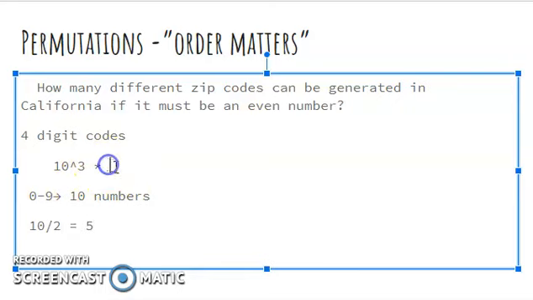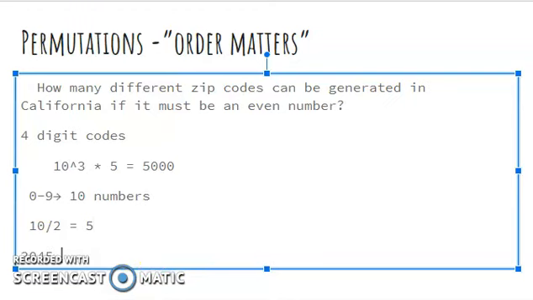So we have 5 possible numbers we can choose from for the last digit. And when we multiply these together, we get 5,000 possible ways to generate different zip codes if it must be an even number.